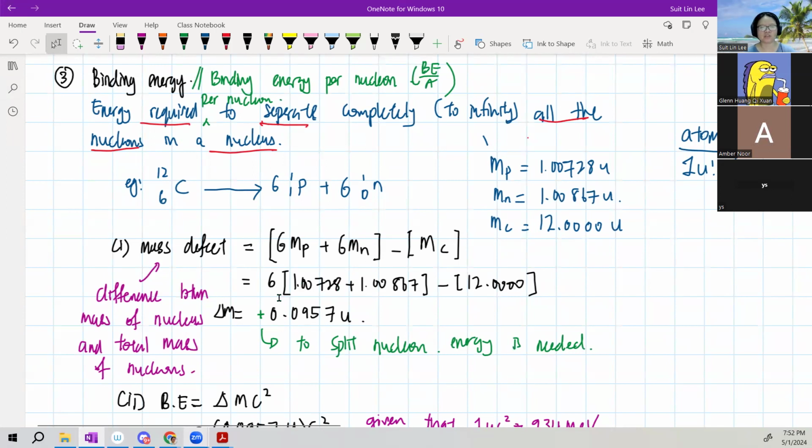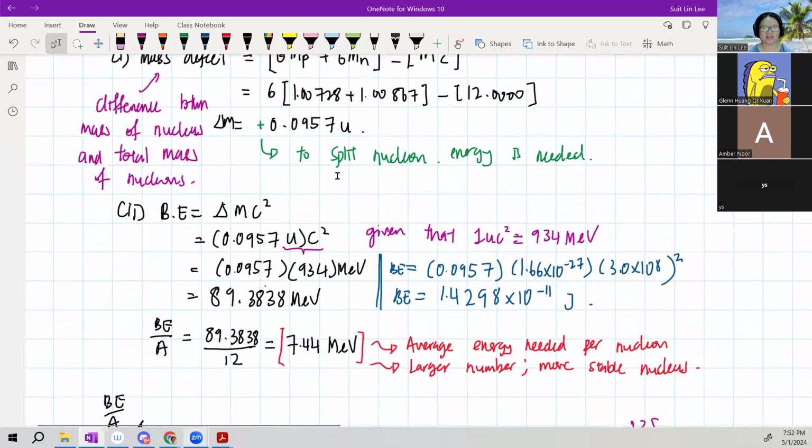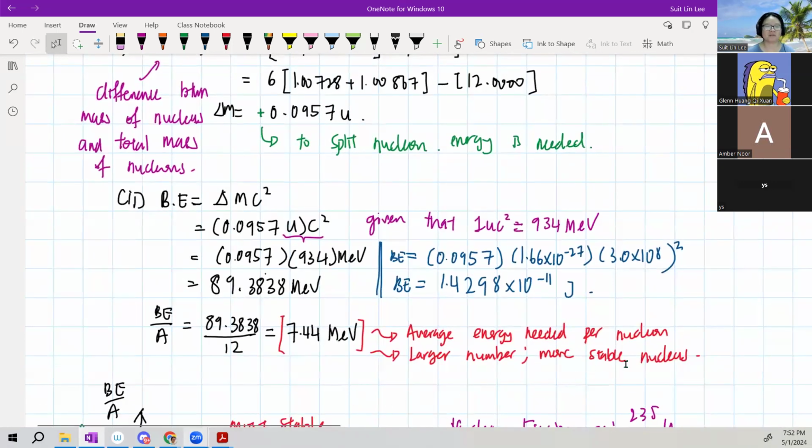We want to know how much energy it needs, because based on this we can calculate how stable the nucleus is. So if I want to find the binding energy, I take the difference in mass, in terms of u, and put it into the mc² equation. But because there's a uc² here, it can be substituted straight away as 934 MeV, which is our preferred unit.